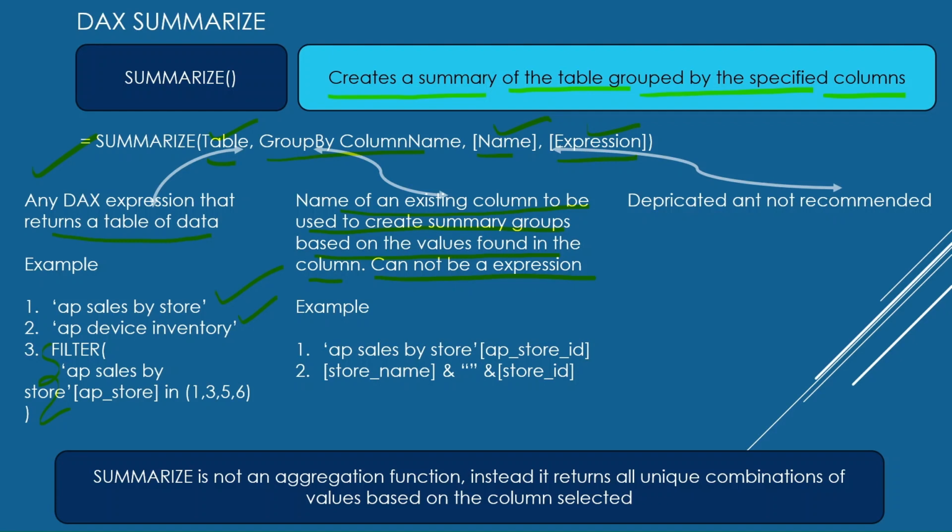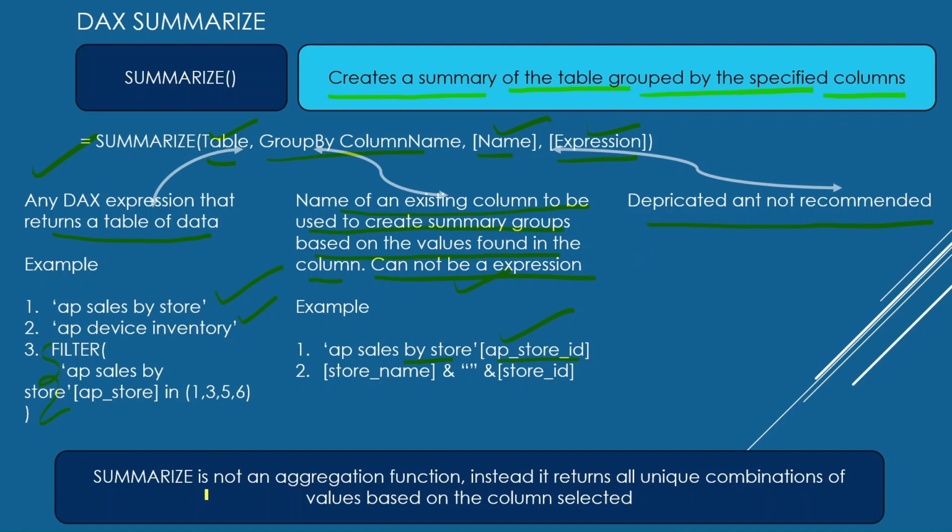Based on that, the summarized column will be created. An example is AP sales by store and AP store ID. So this is the way we can give a group by column name. This expression is deprecated and not recommended.